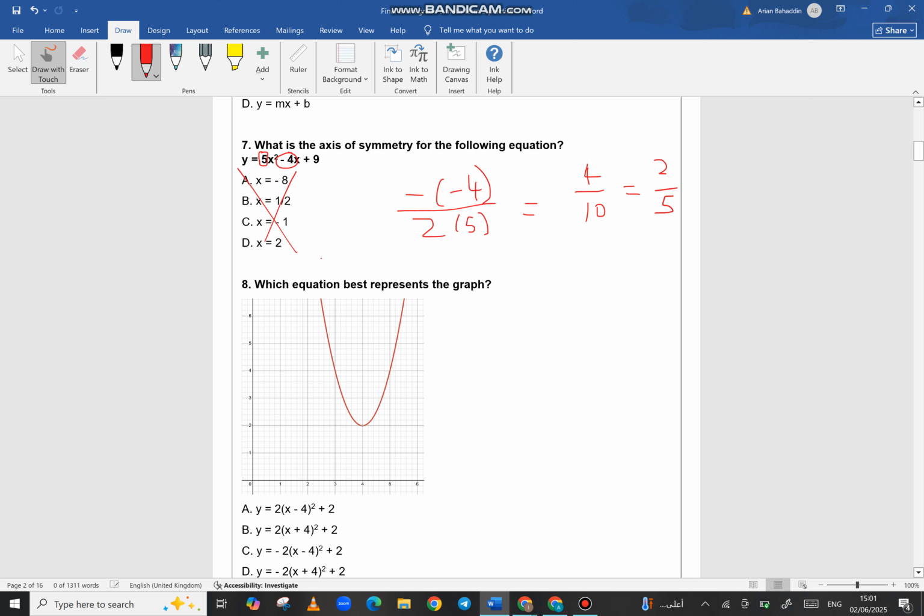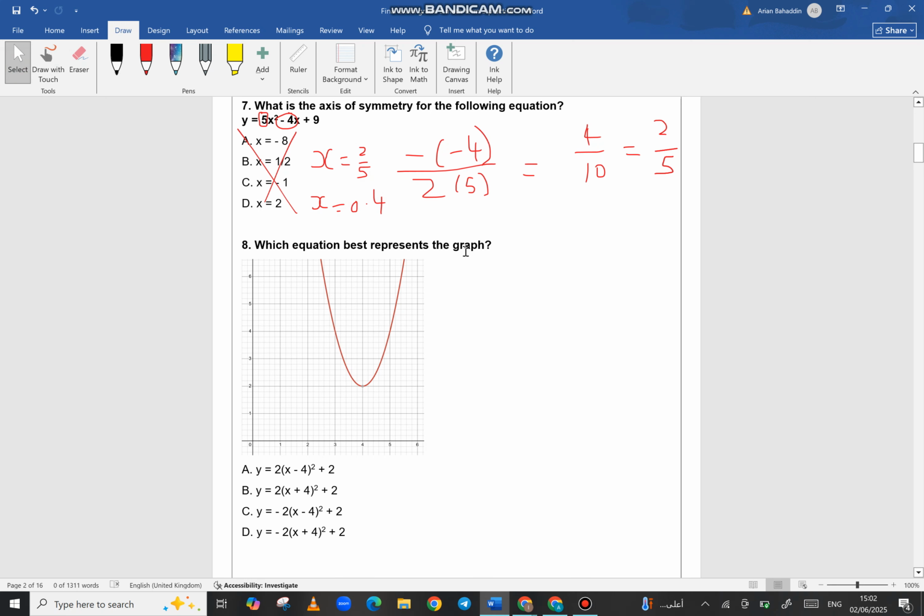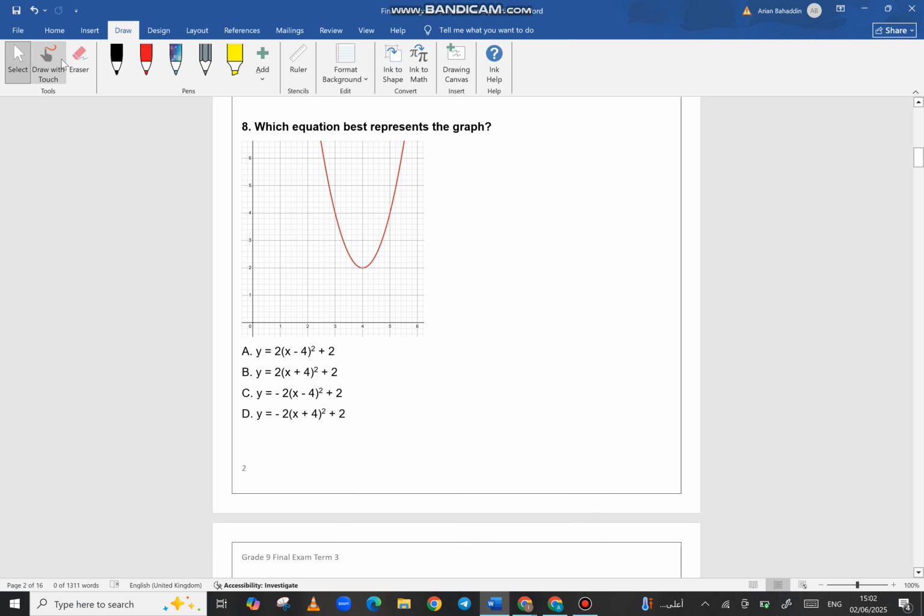There must have been a mistake there, but the answer should be x equals either 2 over 5, or you could say x equals 0.4. Perfect. Alright, so that was not correct, and none of those are correct, but that's fine. Okay, which equation best represents the graph?